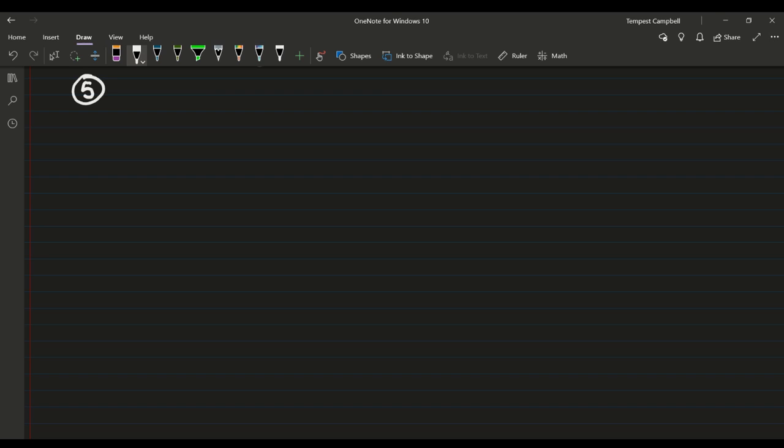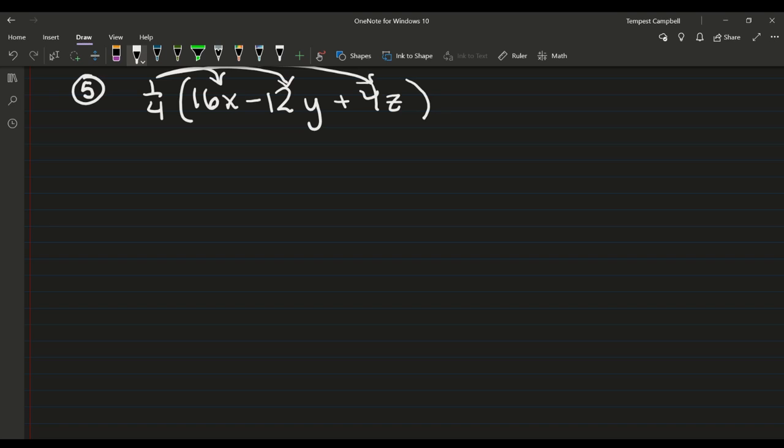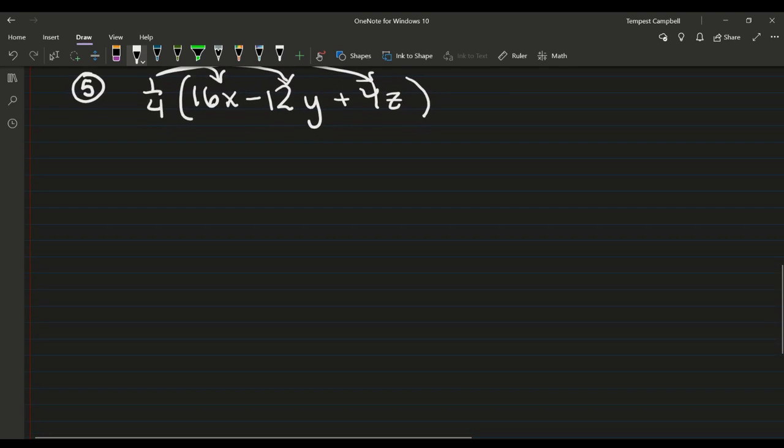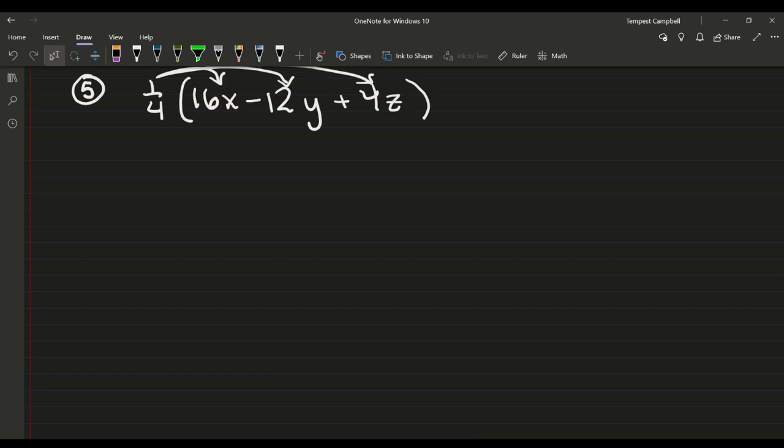Okay, number 5. We have 1/4 times 16x minus 12y plus 4z. And so now we're going to distribute that 1/4.